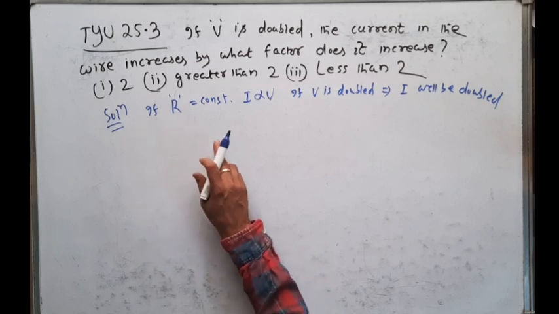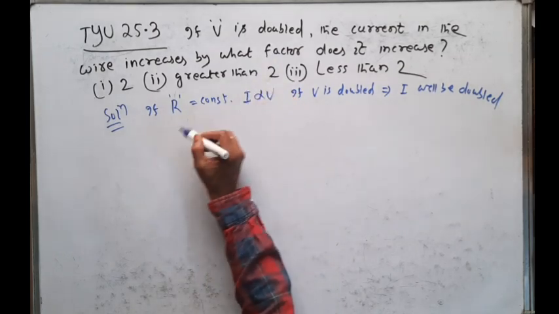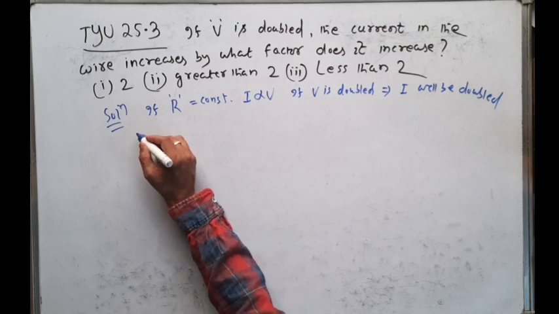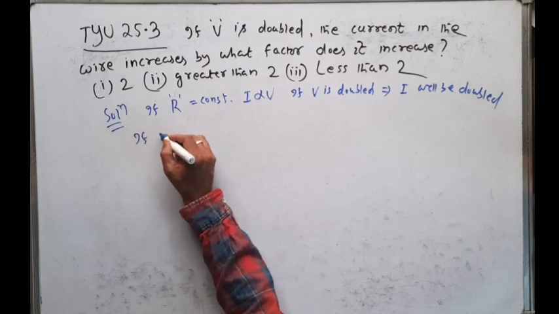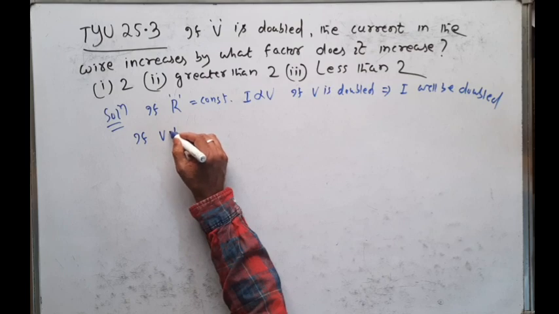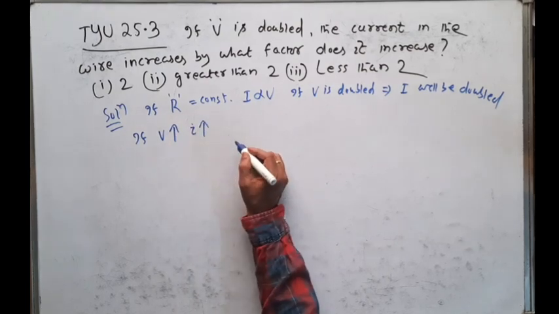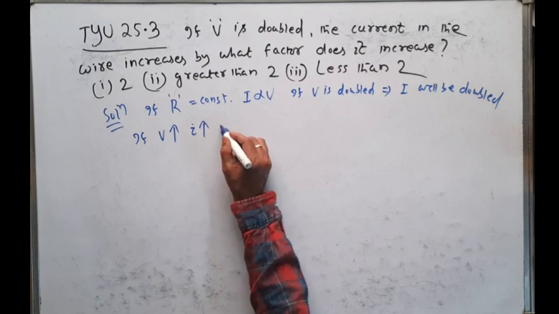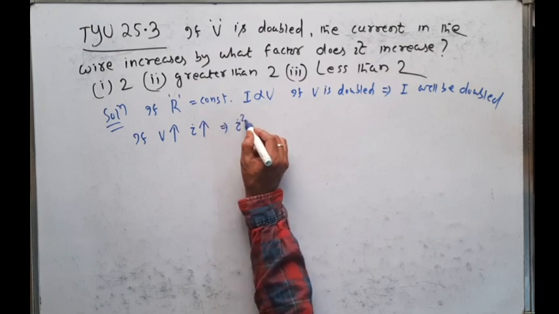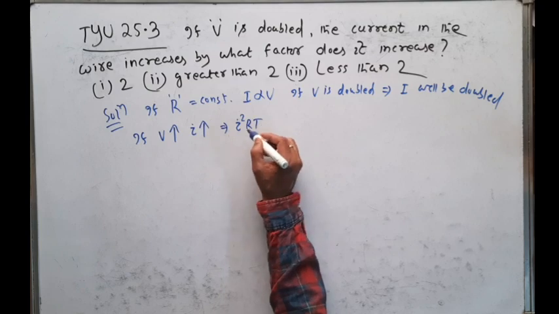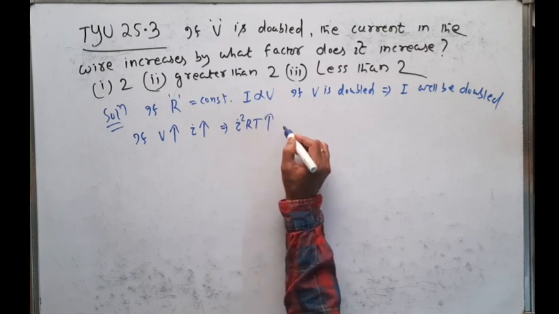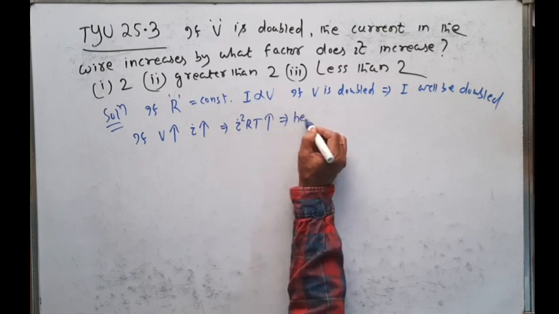But here it is told that if V is doubled, what will happen? If voltage is doubled, definitely current will increase. If current increases, what will happen to the I square RT? I square RT will increase. I square RT is nothing but heat produced.